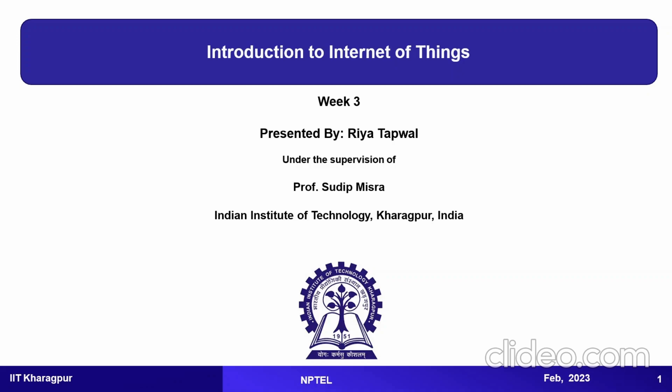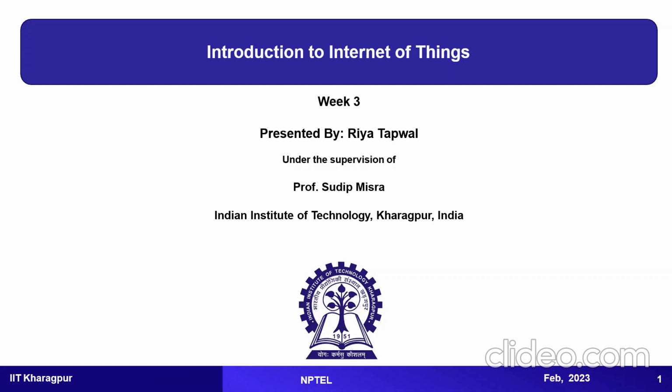If you remember, last week we discussed IEEE 802.15.4 and some of the protocols which are extensions of the same. This HART and wireless HART are also extensions of the IEEE 802.15.4 protocol.